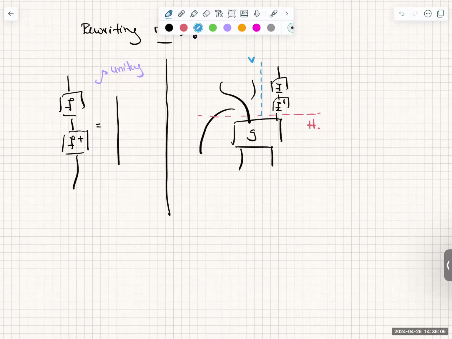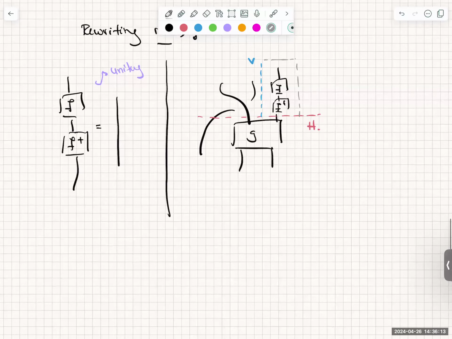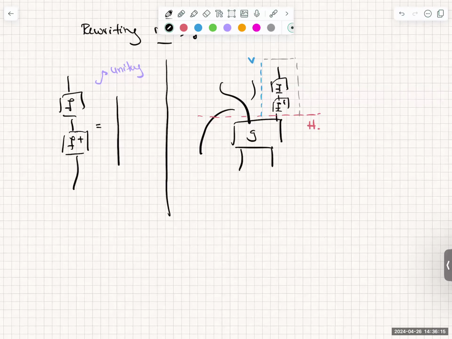But the basic idea is that we want to be able to isolate sub-diagrams, like for example, this one. And what I want to do with these rewrite rules is just to say that I impose this equation by fiat. So in a bigger diagram that's composed of these sub-diagrams obtained from cutting horizontally and vertically, I can sometimes take this sub-diagram here and just say that this equals that coming from over here.